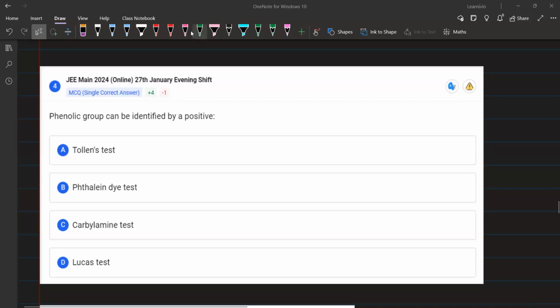Similarly, Maria, how did you do it? Did you know the answer or just eliminate? Elimination, huh? Elimination method means you eliminate the options which are not correct and you will get the answer. If you know at least 3 options, it will be easier for you. And Tollens test, carbylamine, and Lucas test, all of these tests are there in the NCERT.